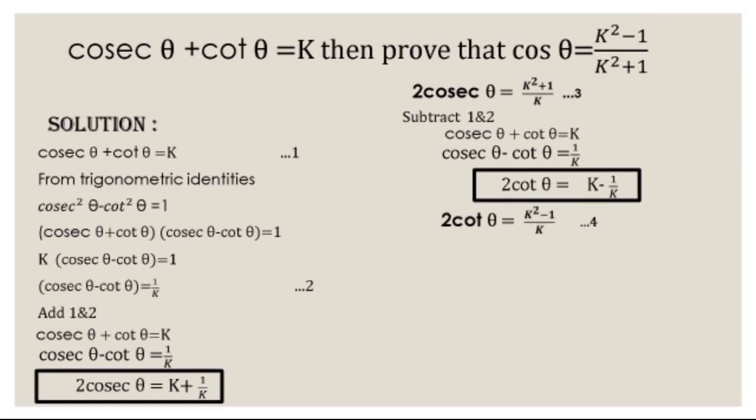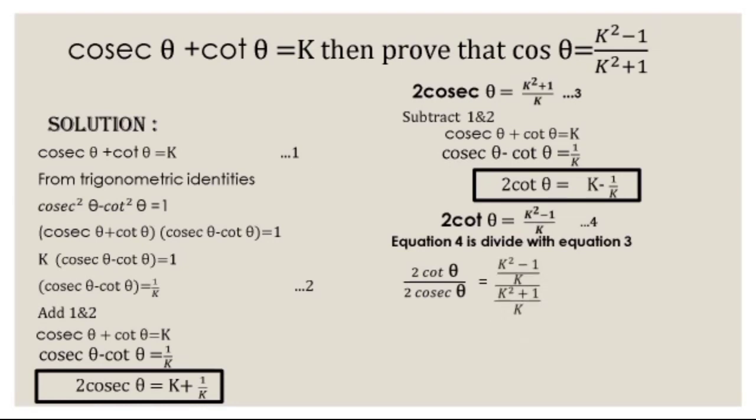Now equation 4 is divided by equation 3. 2 cot theta by 2 cosecant theta equal to k square minus 1 by k square plus 1 by k. Cancel 2 and cancel k. Then cot theta by cosecant theta is equal to k square minus 1 by k square plus 1.